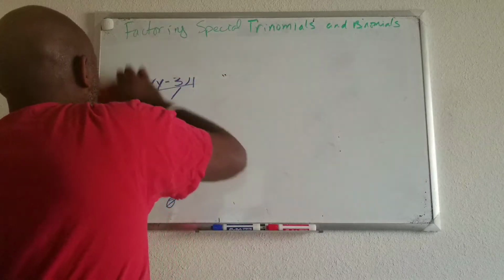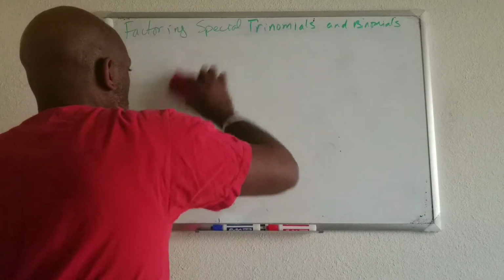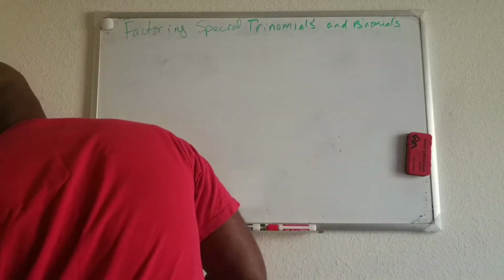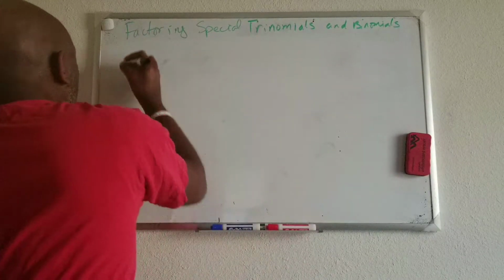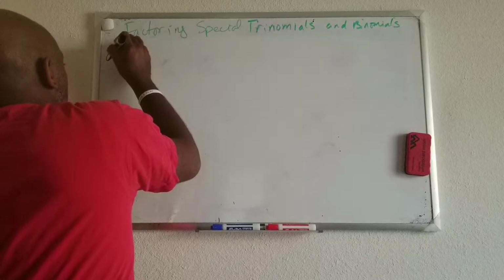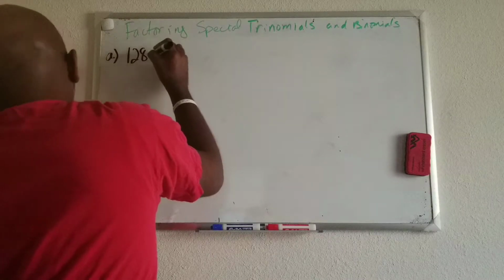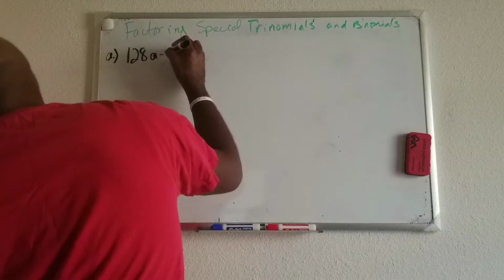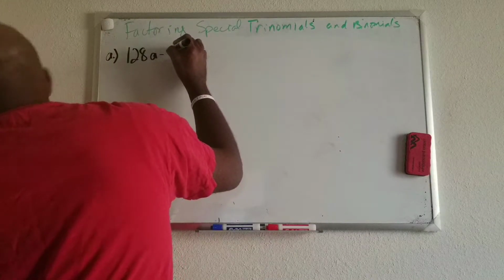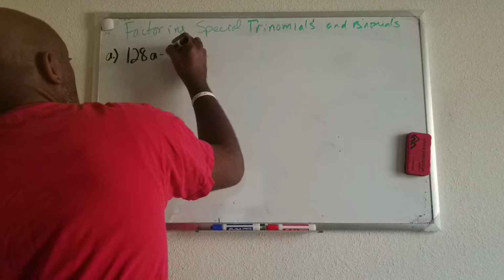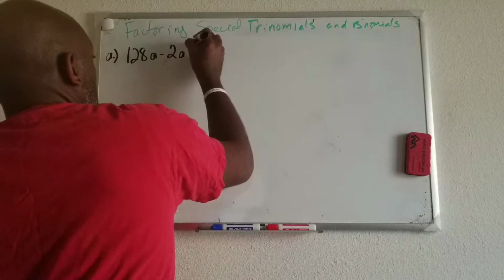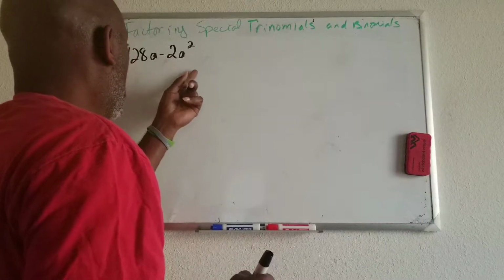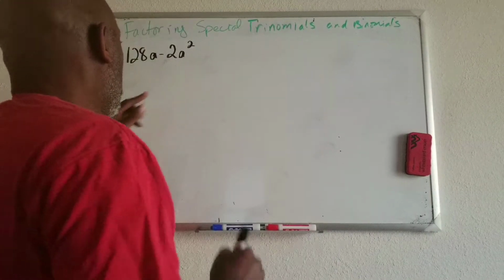All right, so let's go a little further on in this particular lesson. So let's say we had 128a minus 2a squared. Are they perfect squares? No. Can we factor out? Yes.